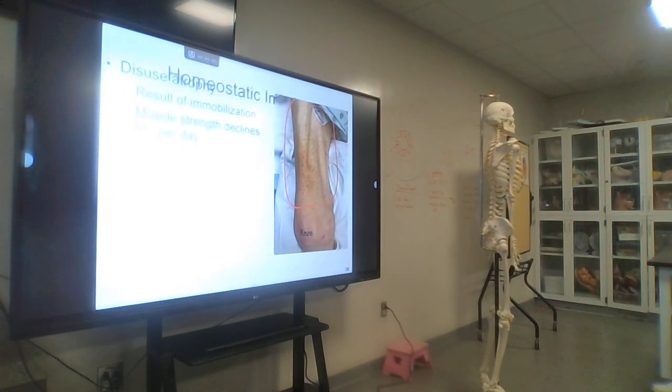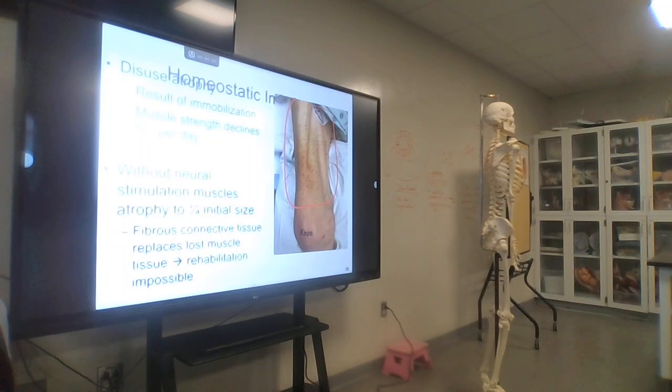Muscle strength declines 5% per day. So a lot of our muscles atrophied during COVID, right? We were mostly on our couches watching Netflix. Without nervous stimulation, muscles will atrophy to one-fourth their size. They may even change into a different type of tissue.